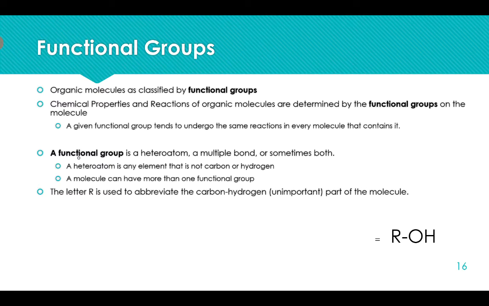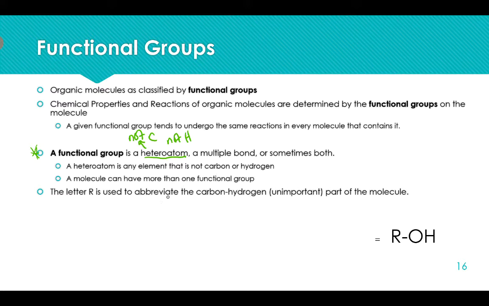When you're looking to find a functional group on an organic molecule, you need to look for a heteroatom. Heteroatom means not carbon, not hydrogen. You can also look for a multiple bond, or sometimes both.